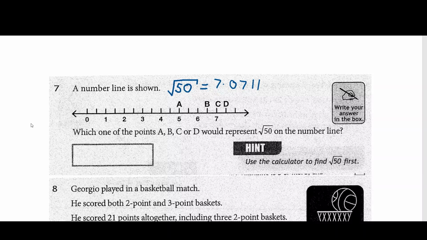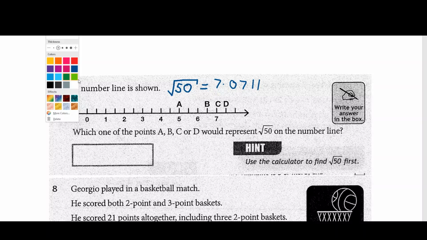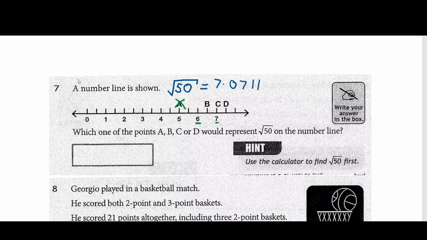Okay? Now, where is that going to be on this number line? It's not going to be where A is. It's going to be away from A because A is at 5. So it won't be that one. B is at 6. So here's 6. There's 6. There's 7. So B is at 6.5. So no, it won't be at 6.5.